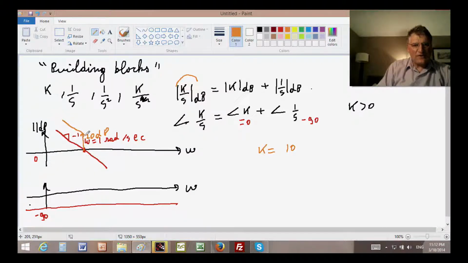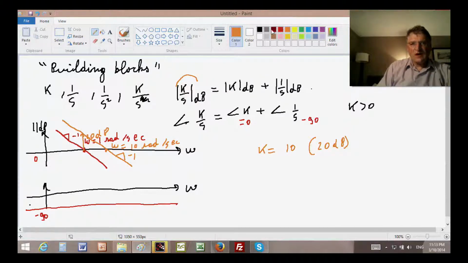And the plot of k over s will simply be a line with a -1 slope, lifted up by 20 dB, and now it will cross at omega equal to 10 radians per second.